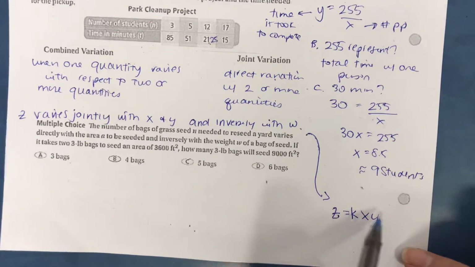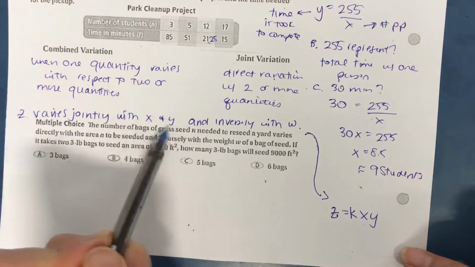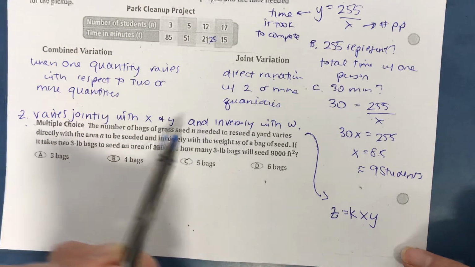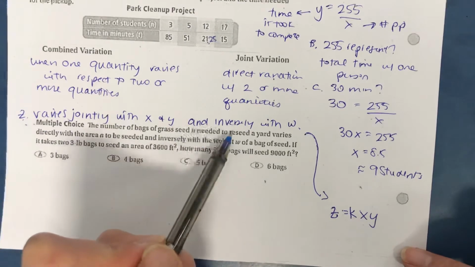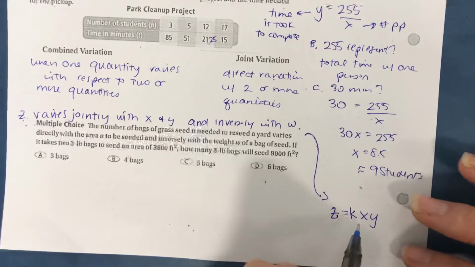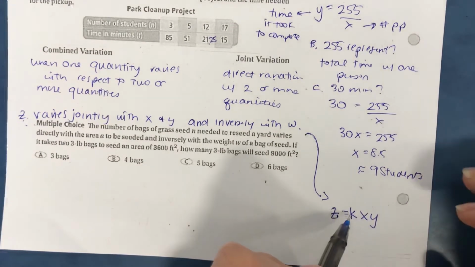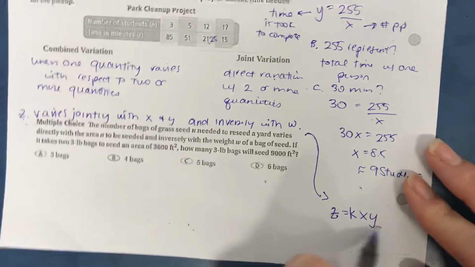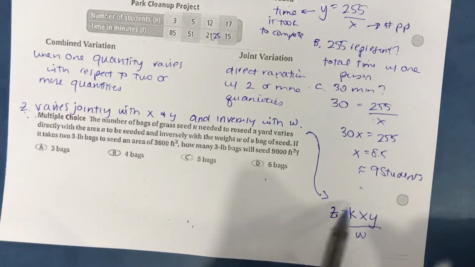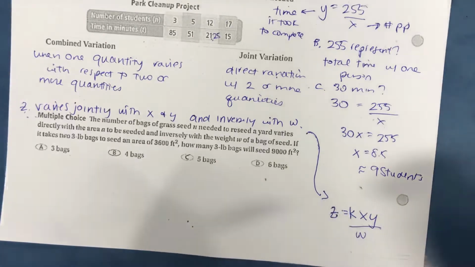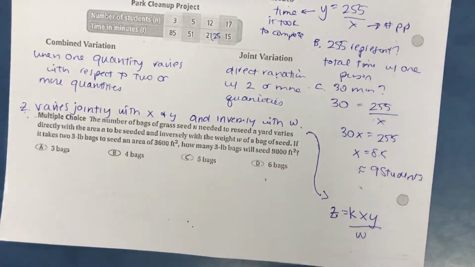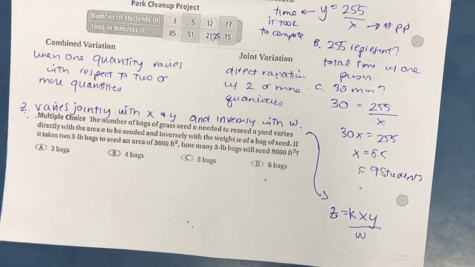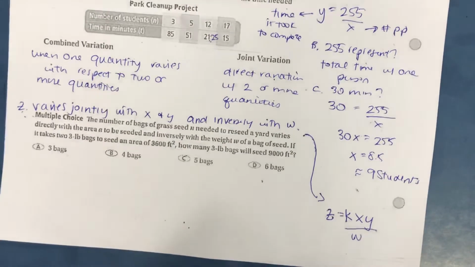So this is representing the direct variation that's happening between Z, X, and Y. But it also says Z varies inversely with W. So if it's inverse, that would be K over W. So this whole thing is the combined variation using joint and inverse. So this would be the answer if it was asking for a function. I do need the K in there because we need to know, like, there is a constant of variation.